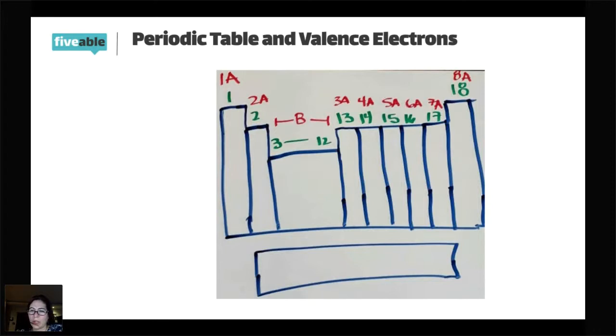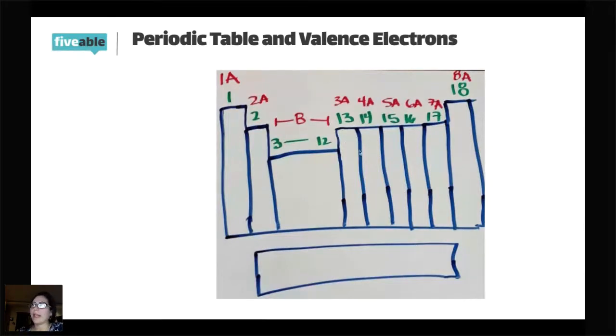Yes, correct. 1 valence electron. What about in the group 2A? Exactly, 2. And then let's keep the transitions for now, and let's go to the 3rd level. How many on the 3A group? 3, correct.